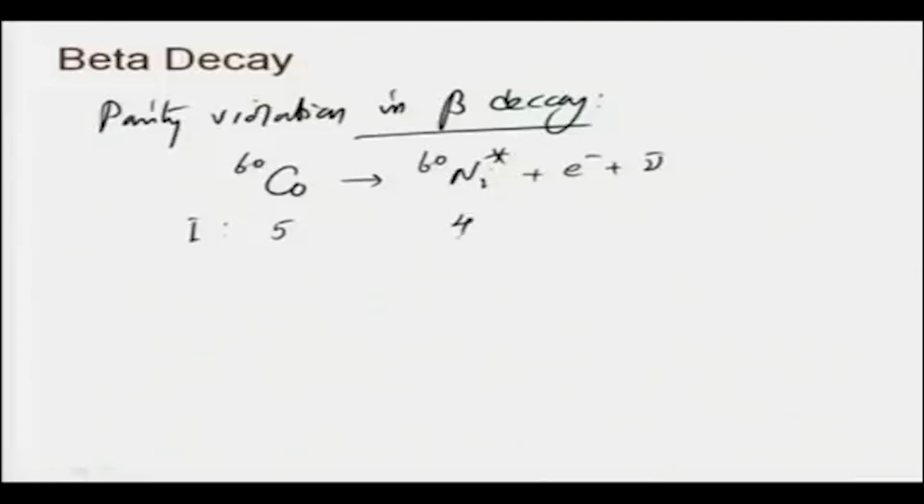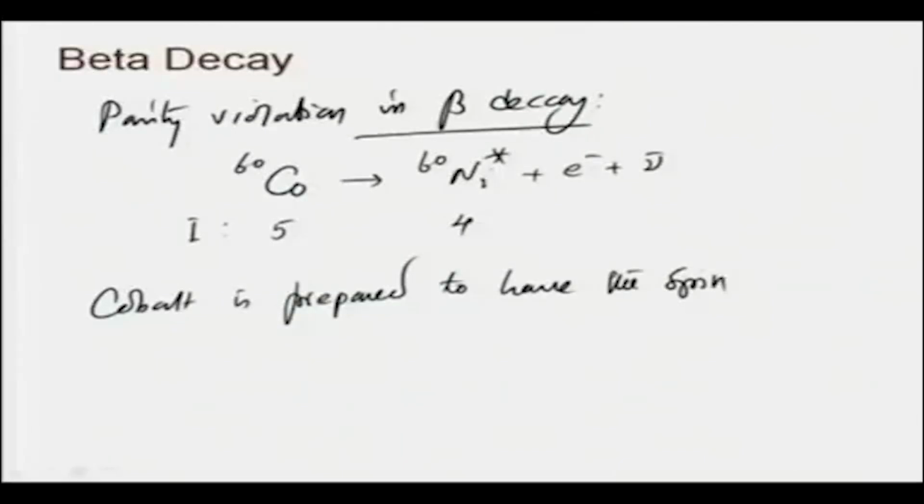Now, let us consider the situation where cobalt is prepared for the experiment. So, you take a large sample of cobalt and prepare it to have its nuclear spins, which is a large nuclear spin I equal to 5, aligned to a particular direction.